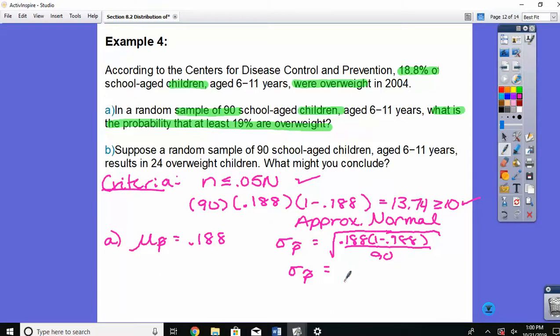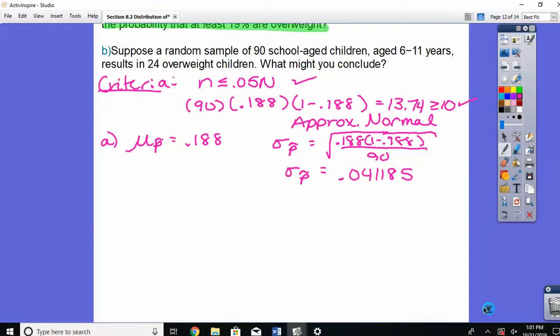So when I get the standard deviation, 0.041185, I'm going to keep a few decimal places, so as I go throughout my problem, I can calculate that.